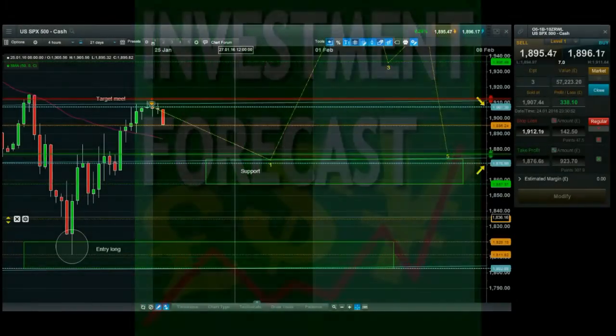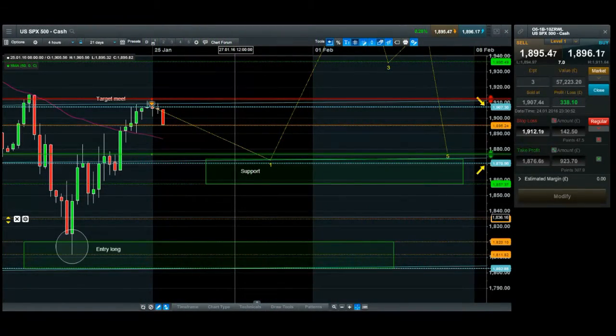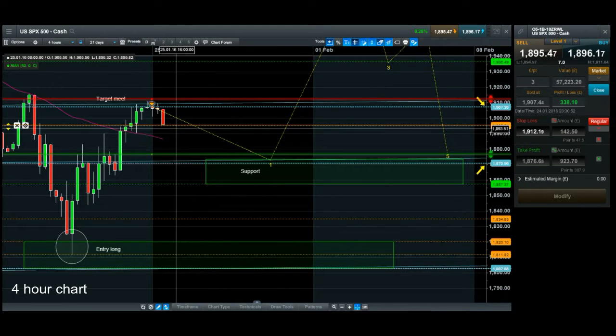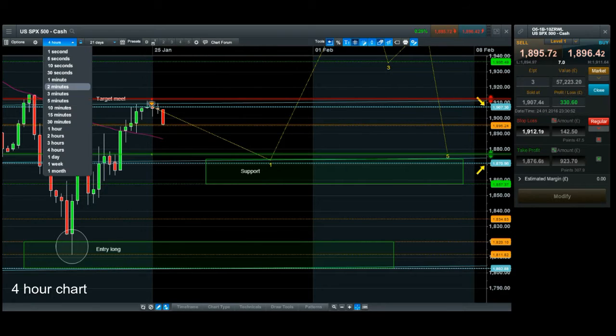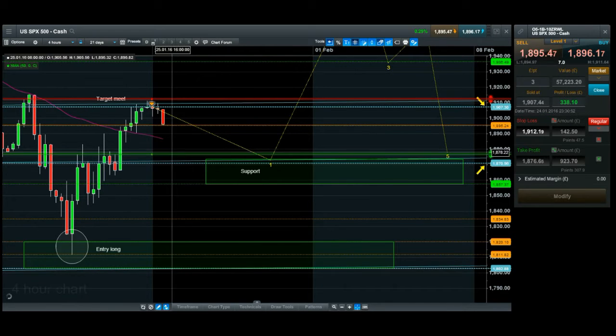Okay, I'm back from the trade. The S&P 500. At the moment, the trade is making £338 profits and is almost touching the support line. I'm going to go into a 2-minute chart to have a closer look.